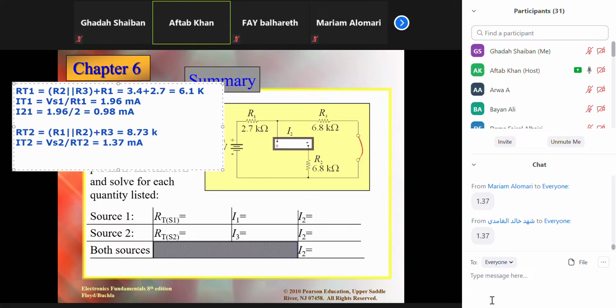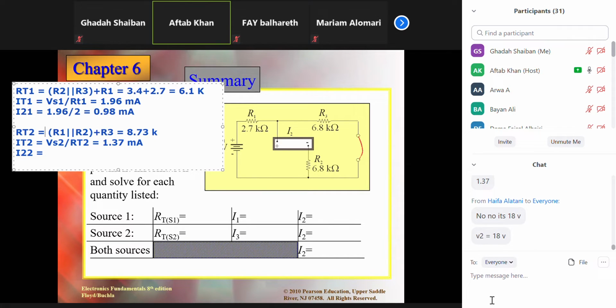Okay, then after getting this one, we need to apply the current divider, and you know that the current is flowing because this source is there, so current will go up and it will reach here, then it will split here. So again current will go up to down. So I can say simply this time again, I22, because of 2.